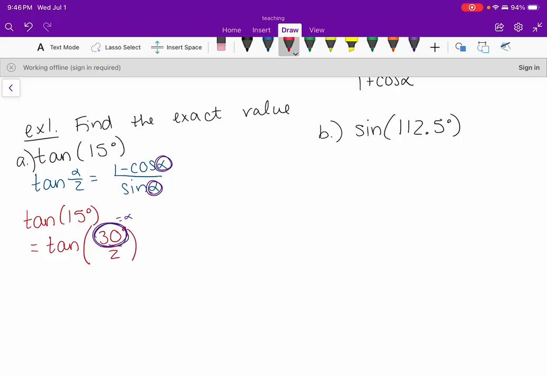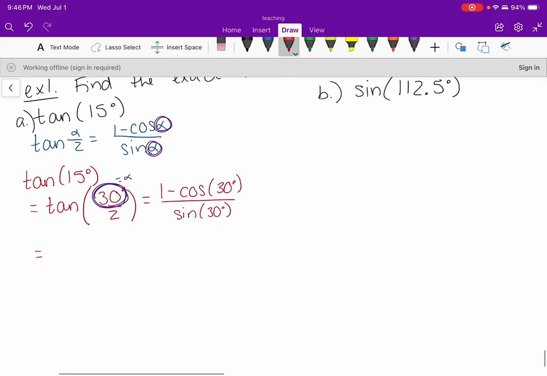So that's the whole point, is that instead of using 15 degrees, we're using a 30, 45, 60, or maybe something that at least has a reference of 30, 45, or 60. So I'm going to use the other side of the identity now. So I have 1 minus cosine 30 degrees divided by sine 30 degrees.